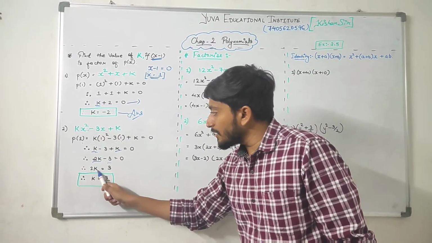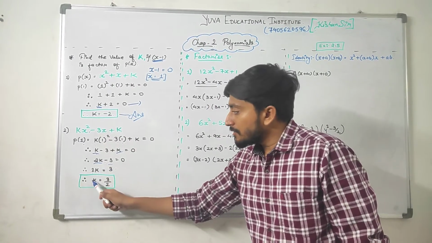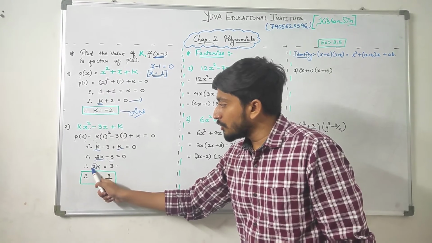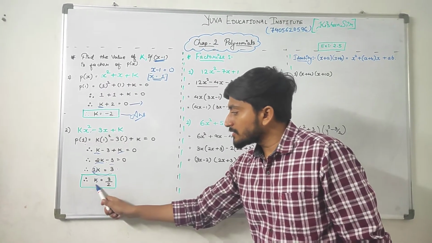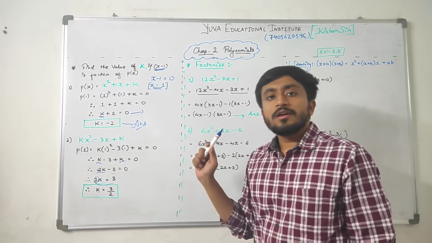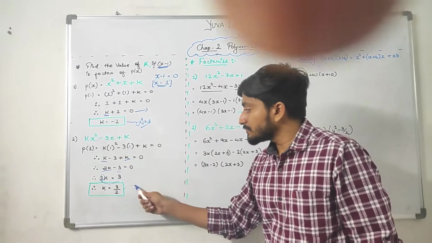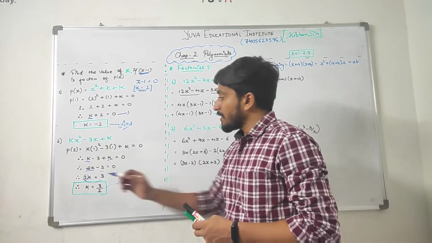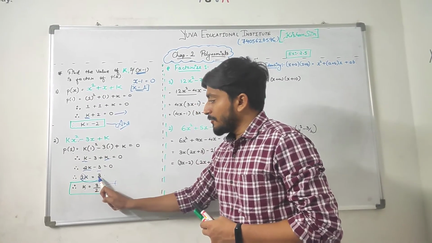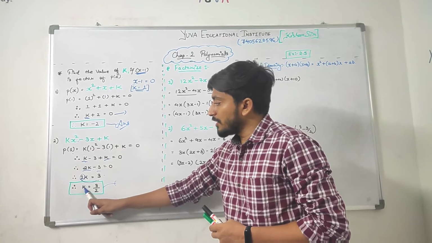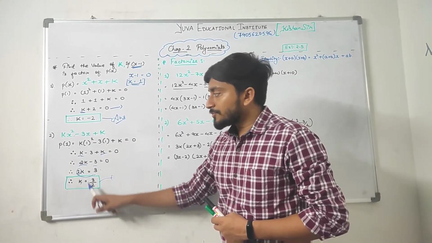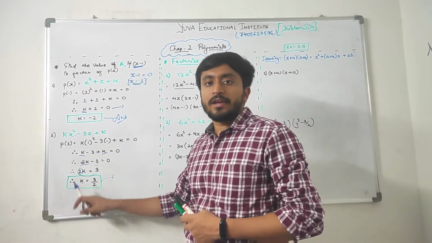Clear? So 2k equal to 3. You have to find the value of k, and the multiplied 2 will go to the division part. Then k is equal to 3 by 2. That is your final answer. By this method you can find the value of k.